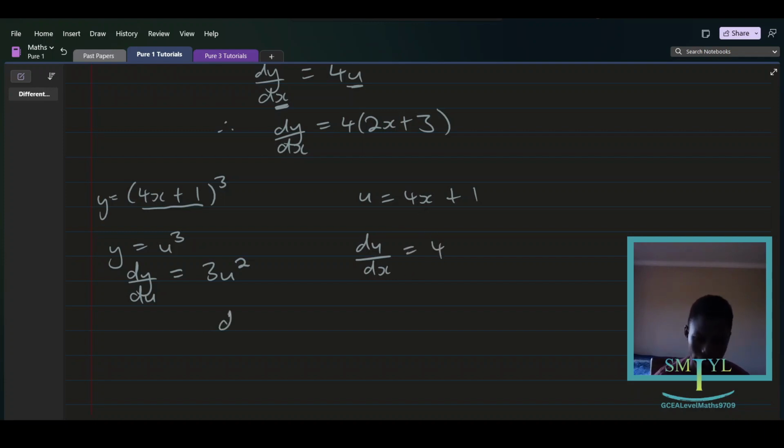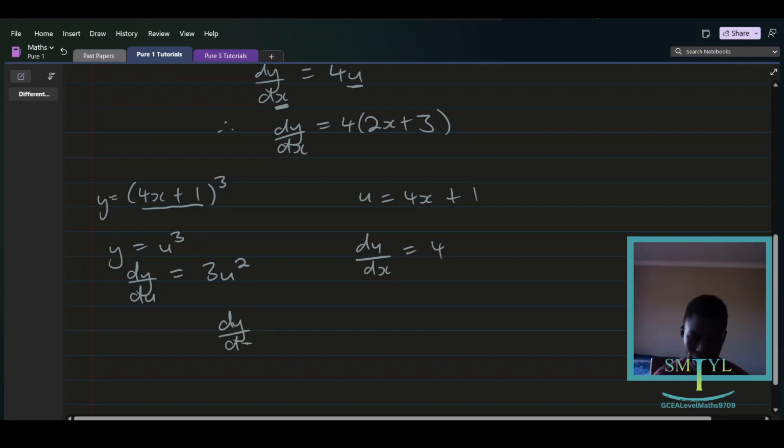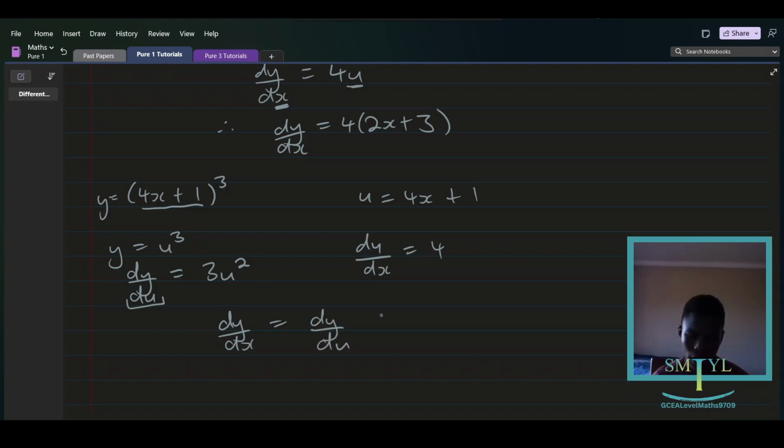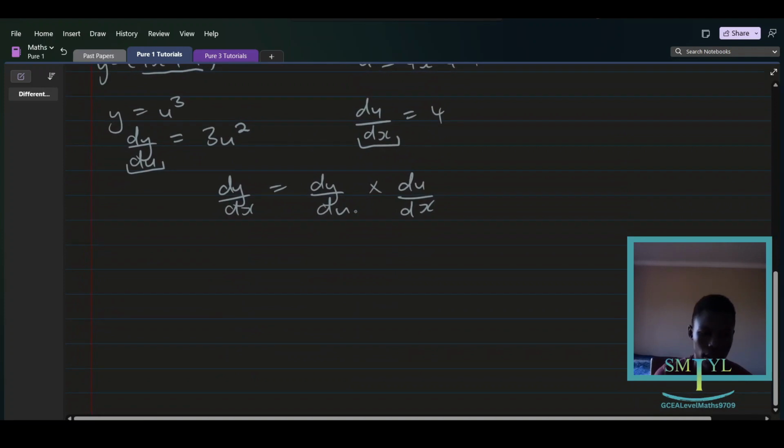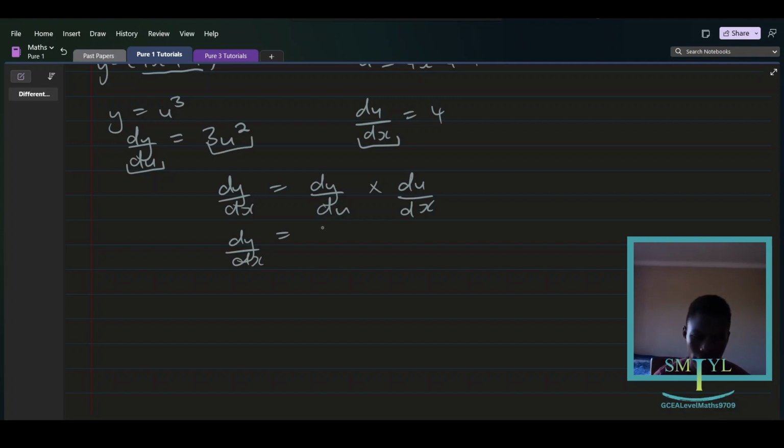We create our chain rule, dy/dx is equal to dy/du multiplied by du/dx, and we simply substitute. So dy/dx is equal to 3u squared times 4.